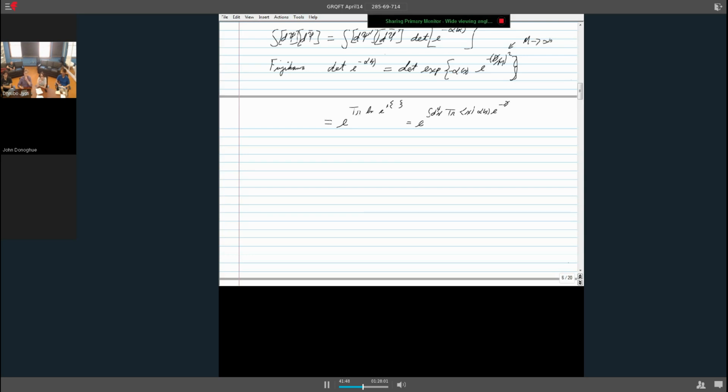This is again a pretty formal object, but let's just plug away at it like we normally do. We would write this as e to the trace log of this exponential, where the trace goes over space-time indices, Dirac indices, and color indices.